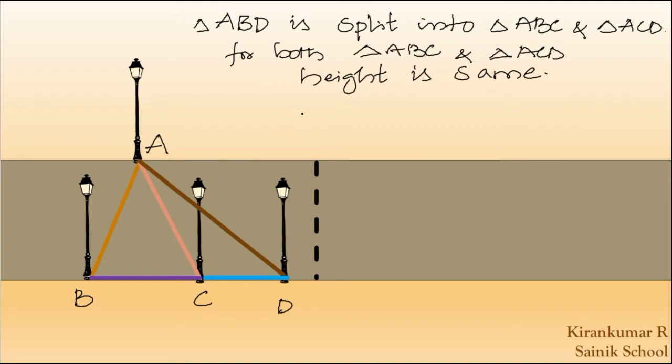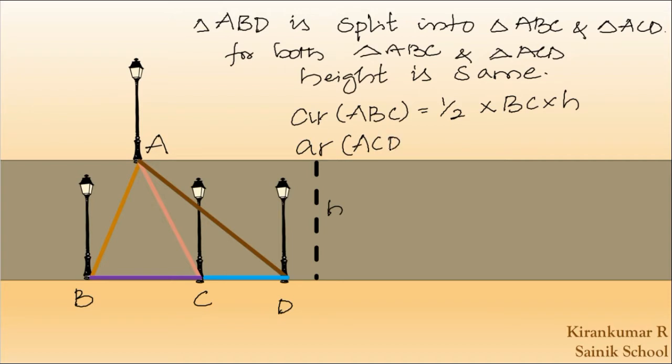If you consider the area of triangle ABC, it is half into base BC into the height h. The area of triangle ACD is half into CD into h. Let me call this equation 1 and this equation 2.